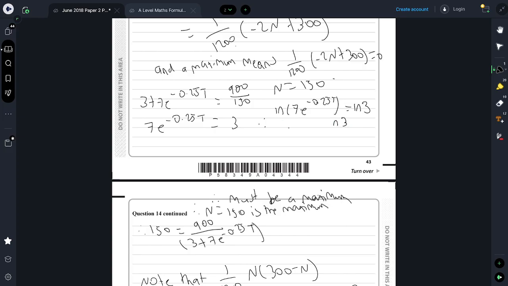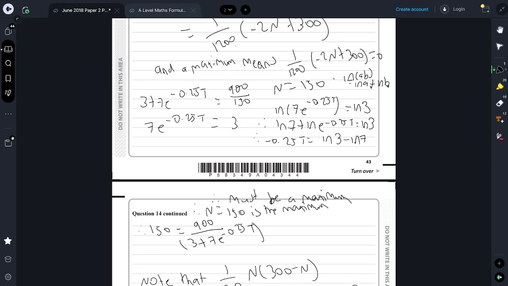If it's raised to the power, it has to be for all of it. Well, if you times and sum it, that's the same as saying ln 7 plus ln e to the minus 0.25t equals ln 3, right? You can split this up using log laws. You should know that ln of AB is ln A plus ln B, okay? So if you add two logs, you can bring them in and times them together. So that's what we've done here. We've split this up. So therefore, minus 0.25t is ln 3 minus ln 7.